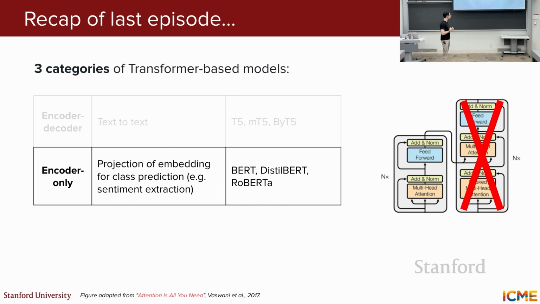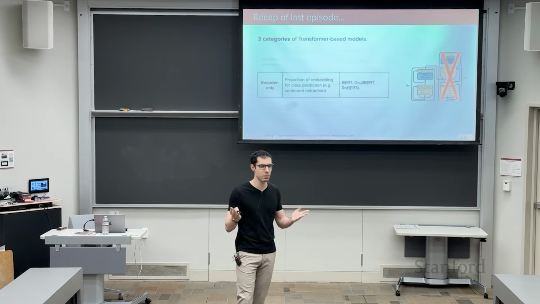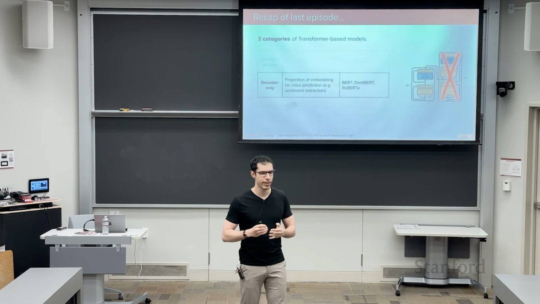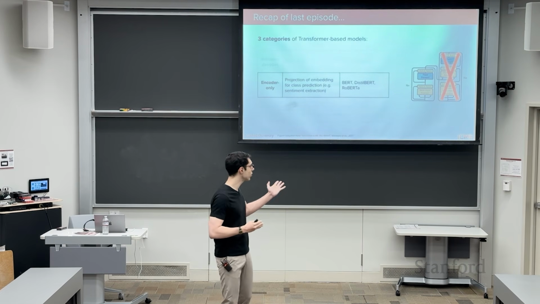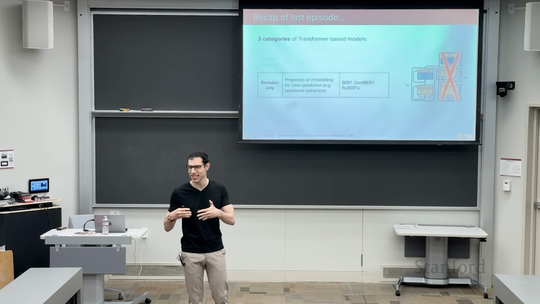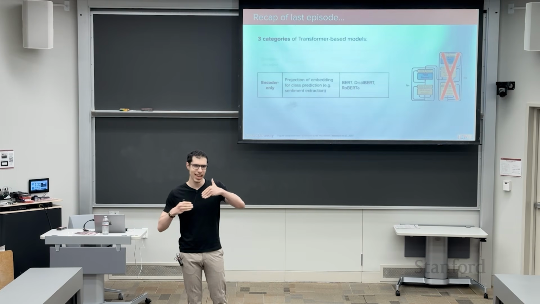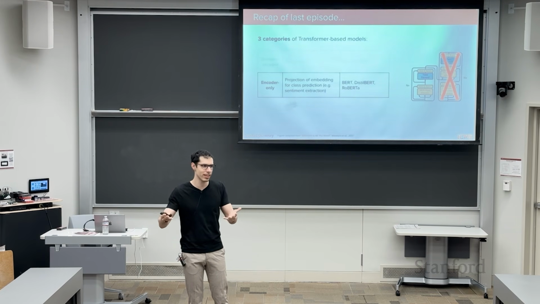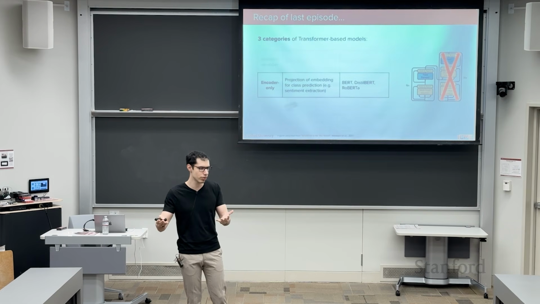The second type of model is where we remove the decoder from the transformer and we obtain an encoder-only model. We went deeper into BERT, which is the typical encoder-only model. BERT has this nice property that its encoded embeddings are very meaningful and expressive of the inputs.